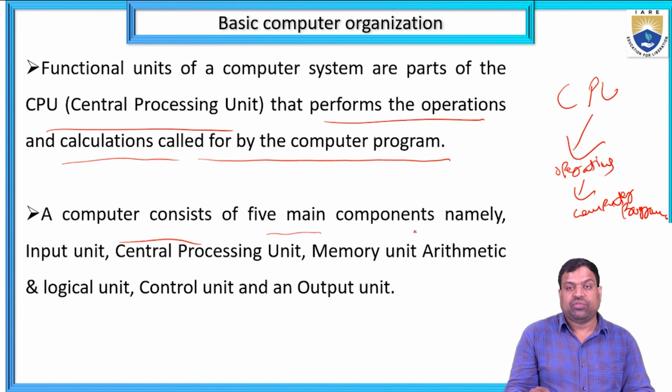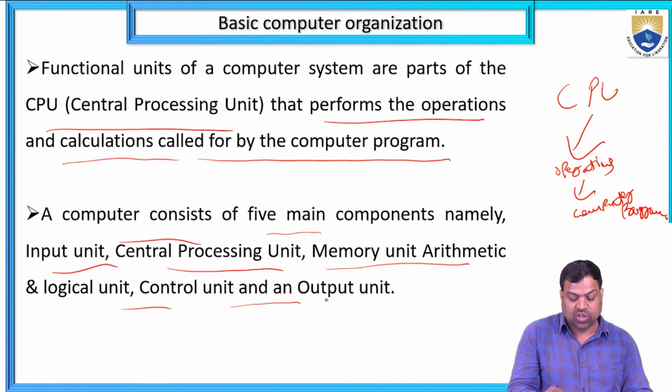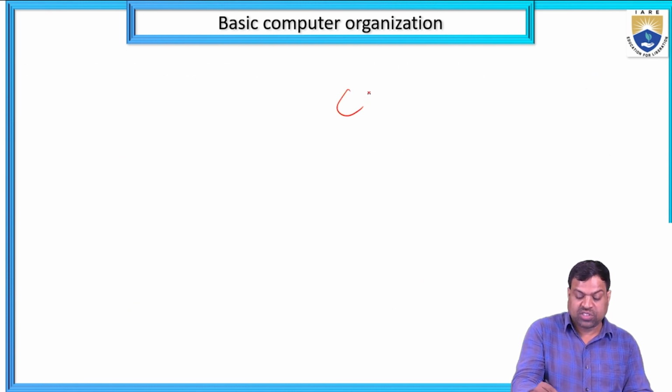A computer consists of five main components, namely input unit, central processing unit, memory unit, arithmetic logic unit, control unit, and output unit. We have already discussed the computer system.